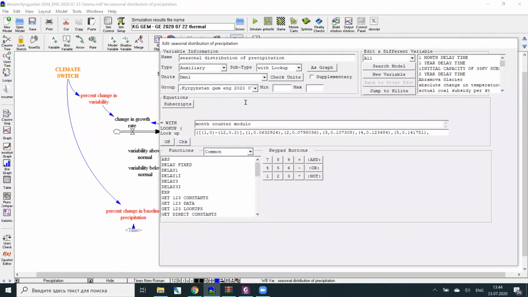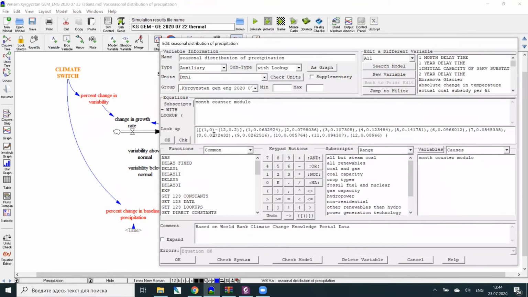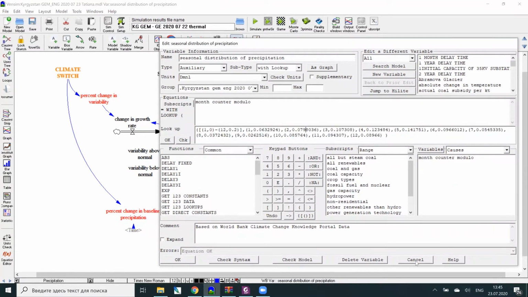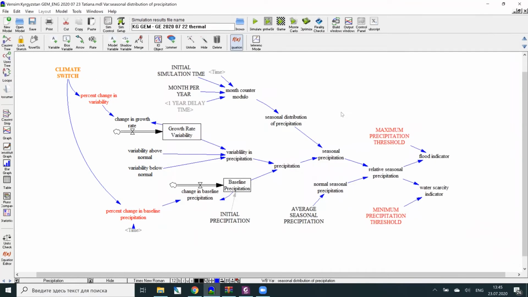Yes, and then below in the lookup you have for month 1 you have a certain percentage. You can copy this seasonal distribution of precipitation. No, the whole variable, not just the numbers, and then copy and paste in the sketch we were working on before, the glaciers and electric capacity.